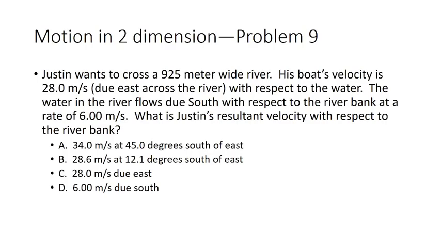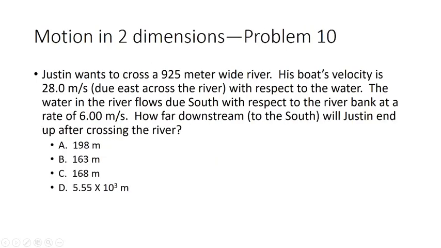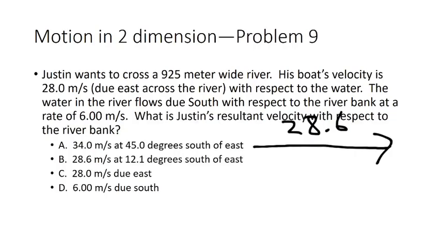So in this case, he has a horizontal velocity of 28 meters per second straight across the river. And in addition to that horizontal velocity, he's also being pushed down the river at 6 meters per second. So we're going to add together those two vectors using the tip-to-tail method of vector addition.